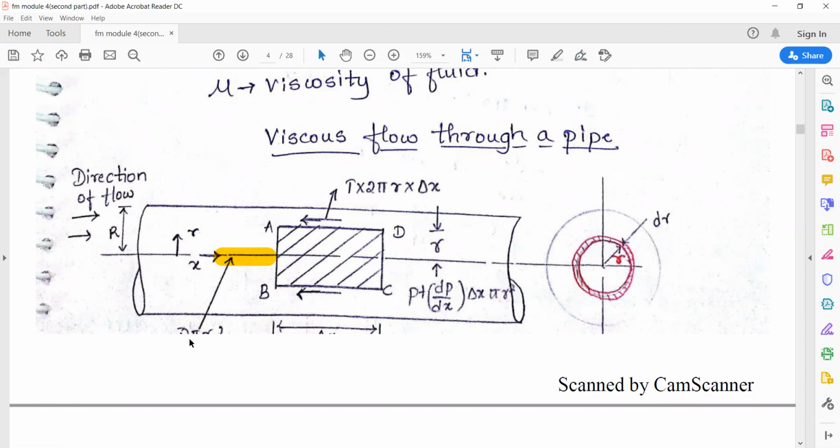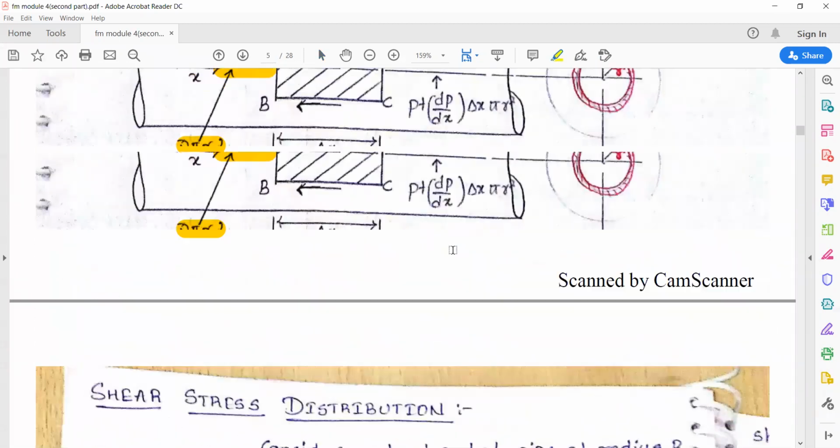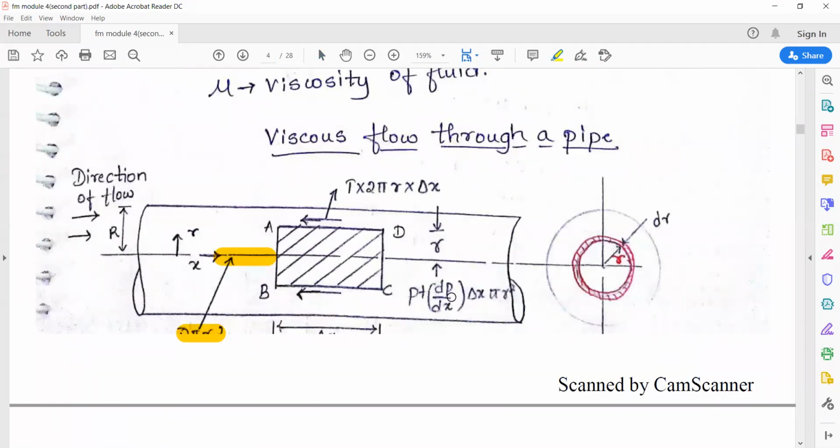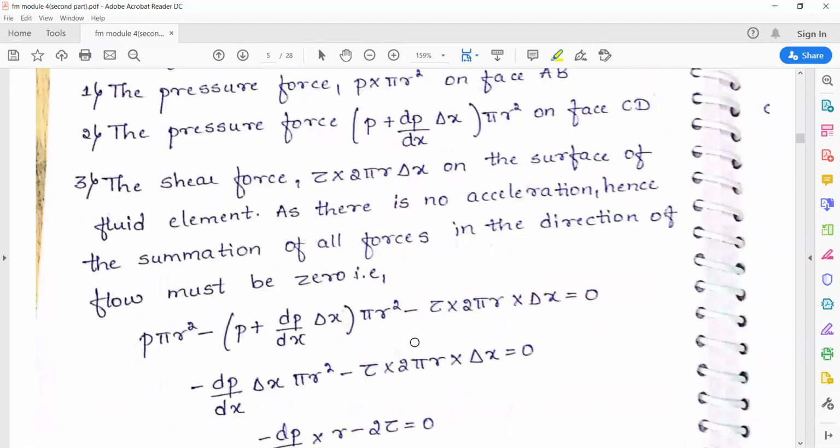And P plus dP by dx into delta x into pi r square is the pressure force acting at the other end of the fluid element. And one more is the shear force acting at the surface of the fluid element, that is tau into 2 pi r into delta x. So there are two pressure forces and one shear force acting on the fluid element.